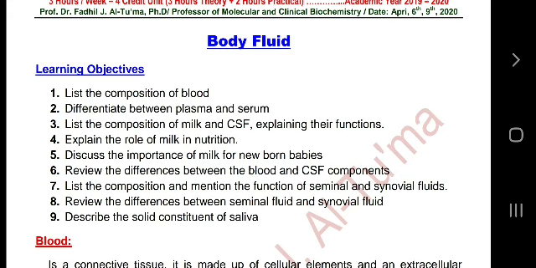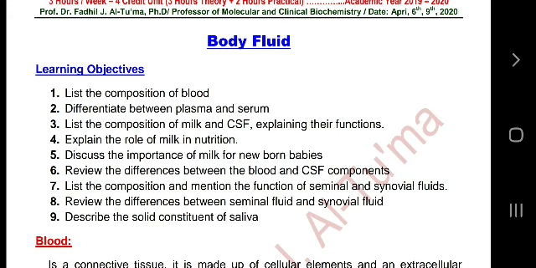The major type is the blood as a whole blood كما تعلمون، وراح نعرف ما هي مكونات أو constituent of the whole blood، ما هي functions of the blood, differences between serum and plasma.